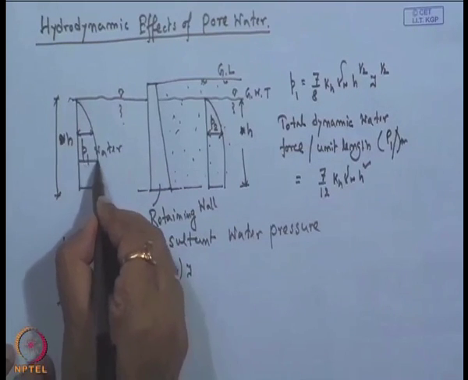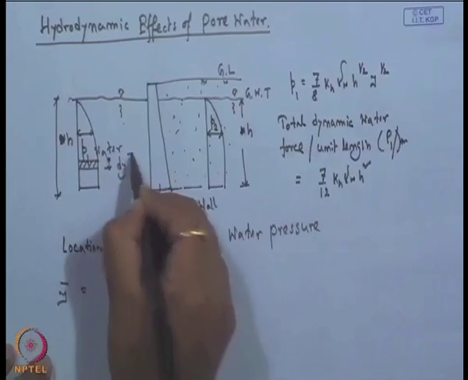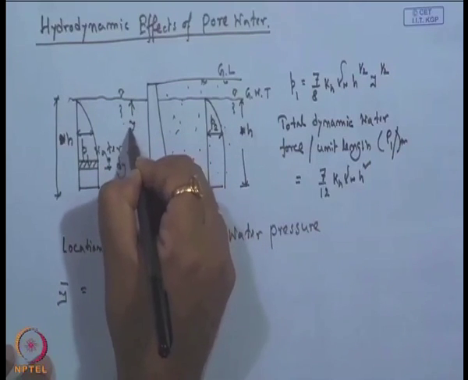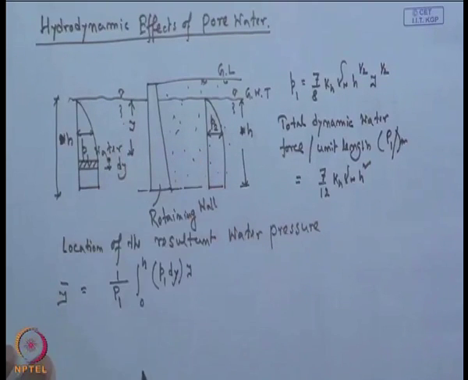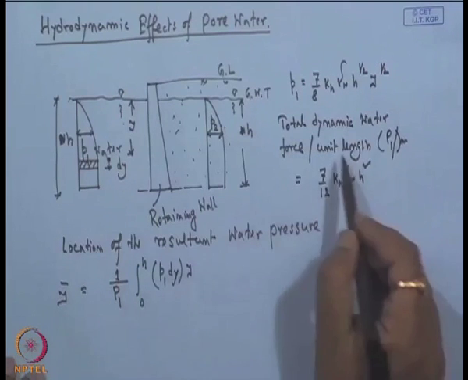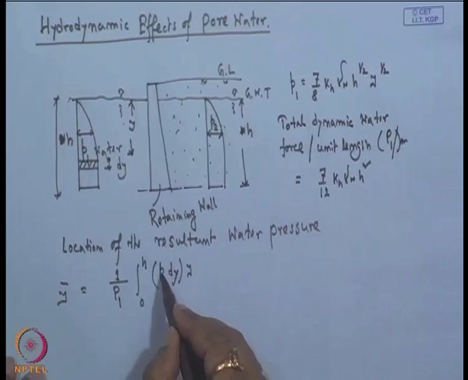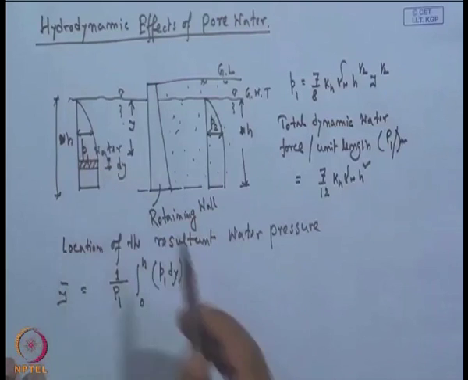As we have considered a small segment of thickness dy with a height y from the water surface. So, y bar, the location of this water pressure, will be 1 by P1, where P1 is the total dynamic water force, times the integral from 0 to h of small p at y, the pressure at any depth from the top, into y dy.